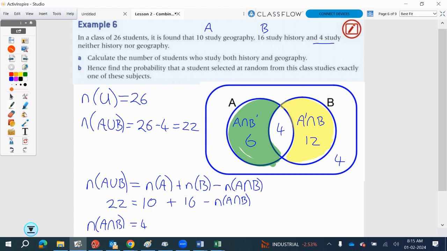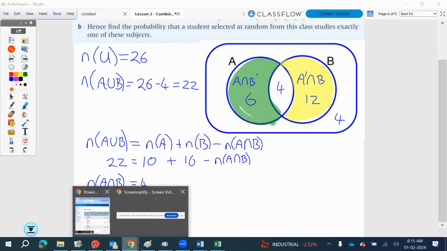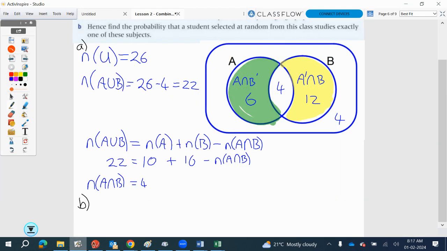Okay, calculate the probability that a student selected at random from this class studies exactly one of these subjects.